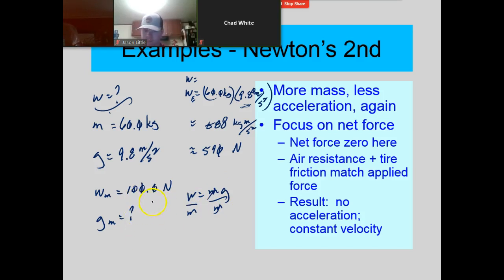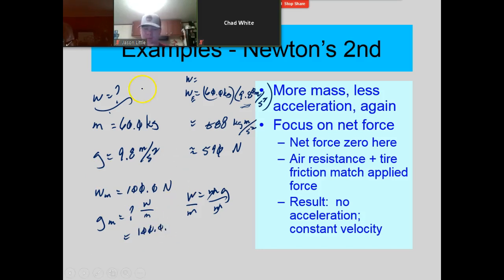And since that's what we're looking for, we'll divide both sides by mass. And you have g on the moon is the weight on the moon divided by m, and that would be 100.0.